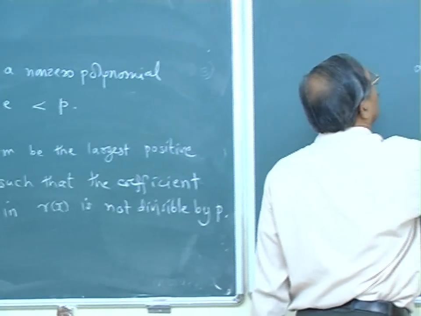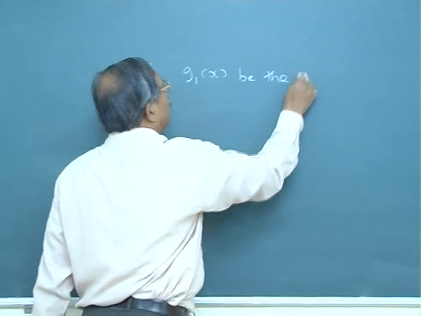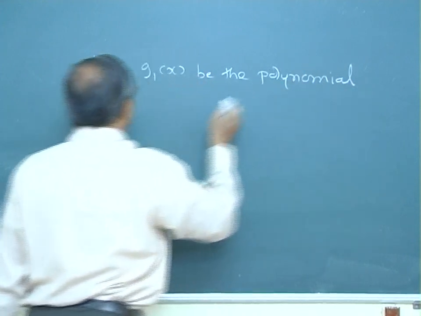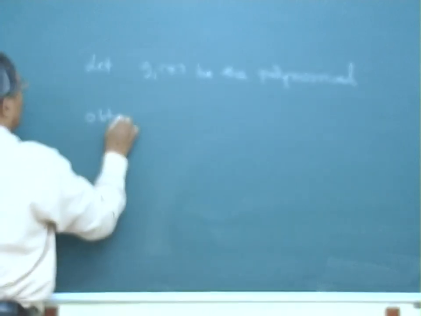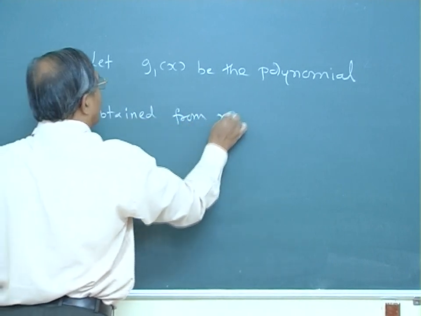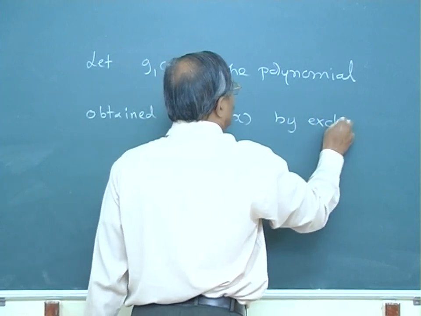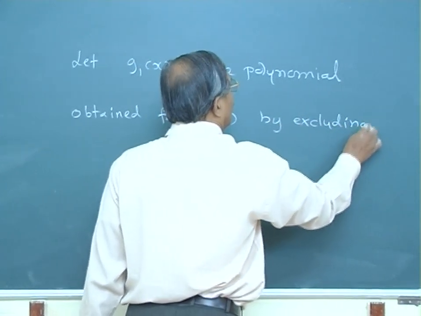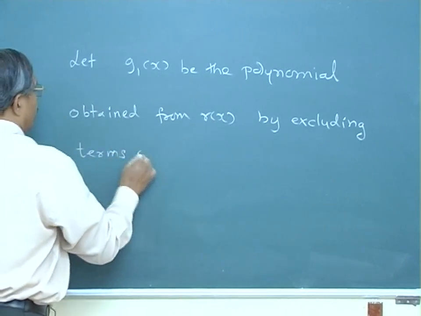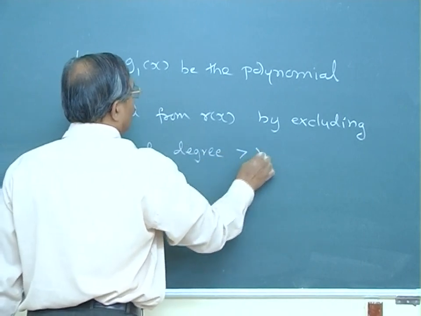Let g1(x) be the polynomial obtained from R(x) by excluding terms of degree bigger than m.